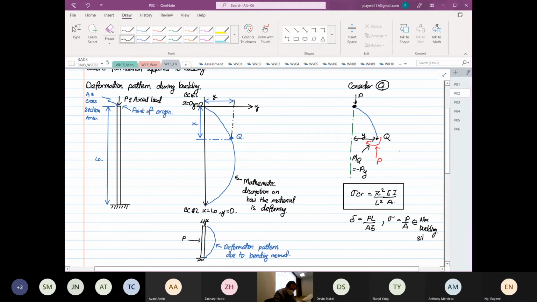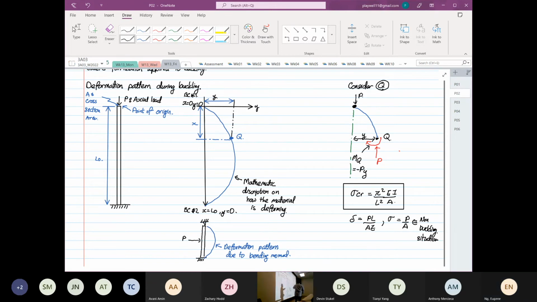Then we will ask ourselves, how come in buckling the equation is so much more complex? Where did pi squared come in?